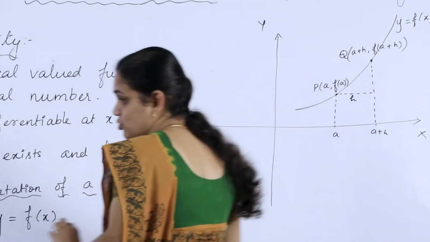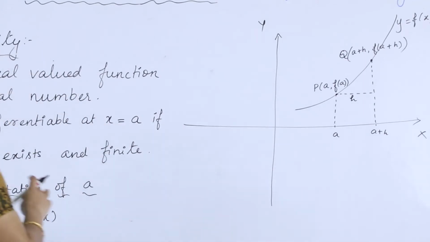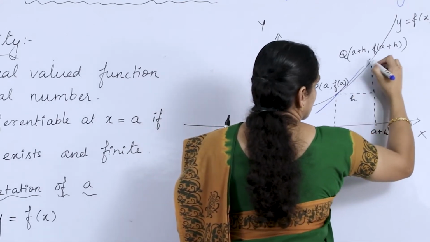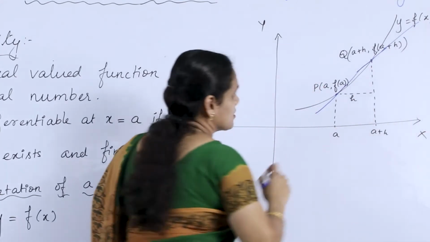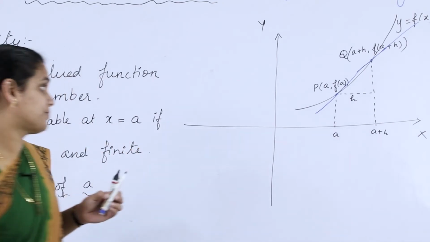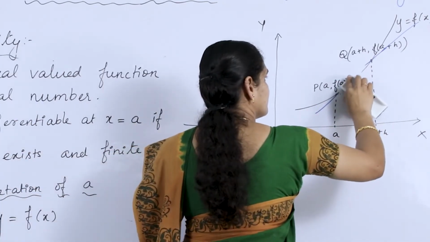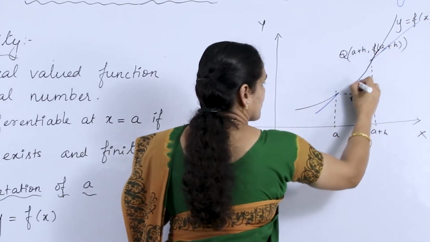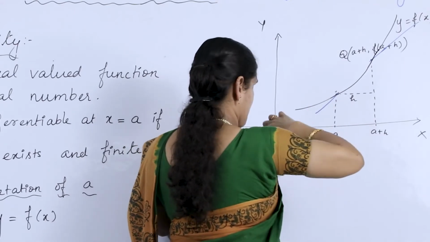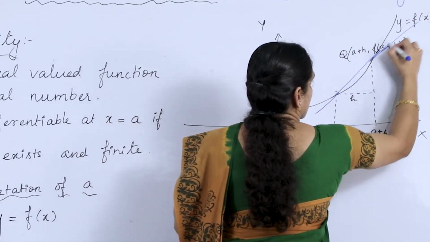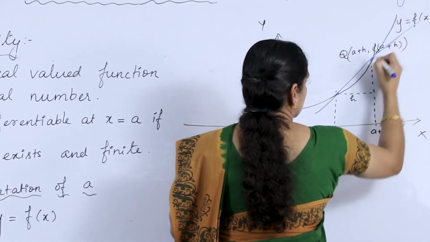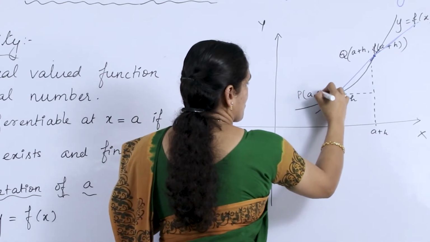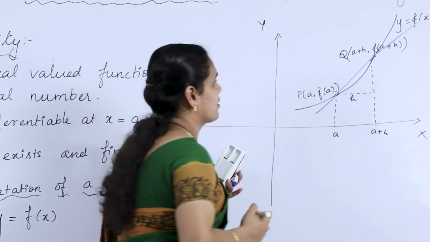Okay, and we will draw a secant or chord, whichever you want to remember. So the secant passes through like this, at this point f(a). Alright.